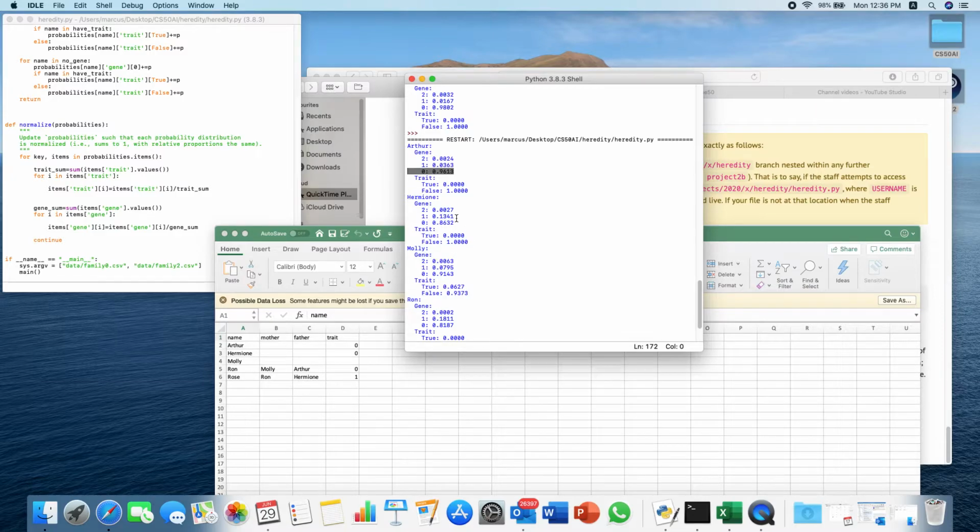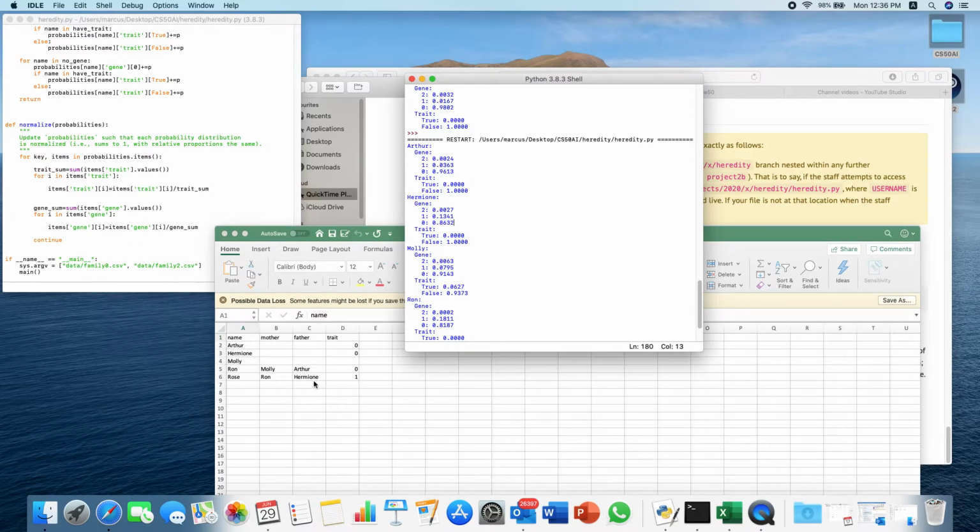Then if you look at Hermione, even though she does not have the trait, it's more unlikely that she has zero copies of the gene than Arthur, because Hermione is actually the mother of Rose, and Rose has the trait.